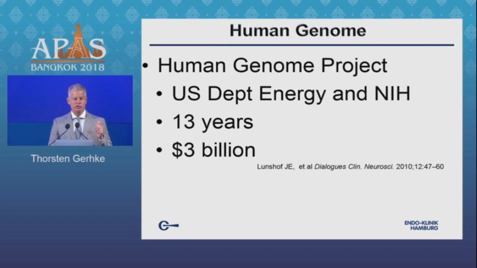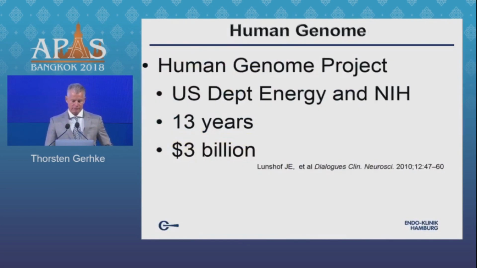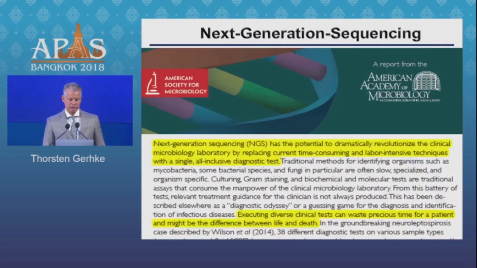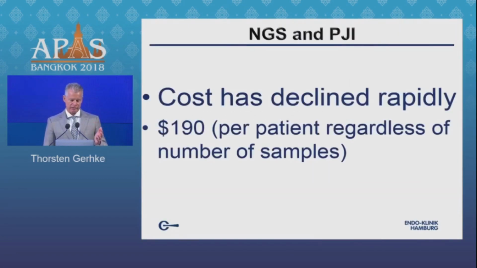They needed 13 years to determine the whole genome, and it cost $3 billion. And now we have, Rasman did a very nice study. Now the cost has declined really rapidly. It's about $190 for the whole genome, and it needs less than 1 day.